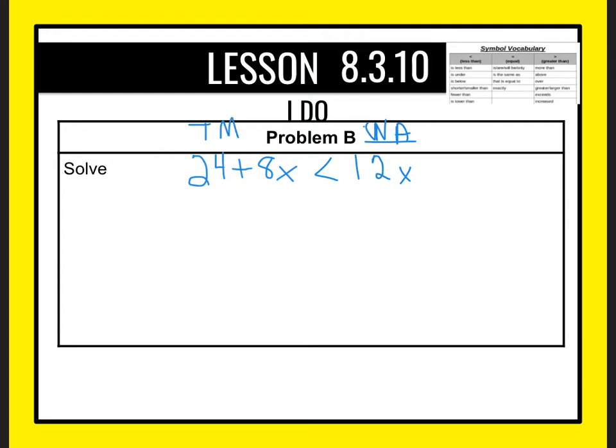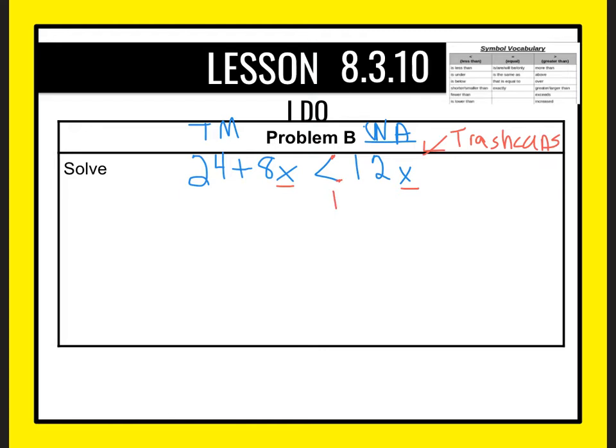So my job is to figure out after how many trash cans will that actually occur. So remember, we're looking for the number of trash cans when Waste Away will be more expensive. So yes, this is more expensive.